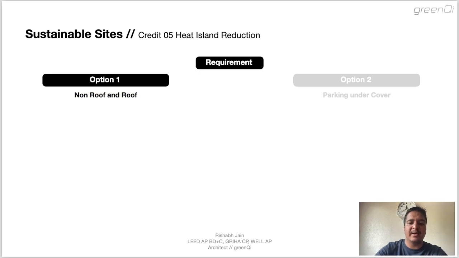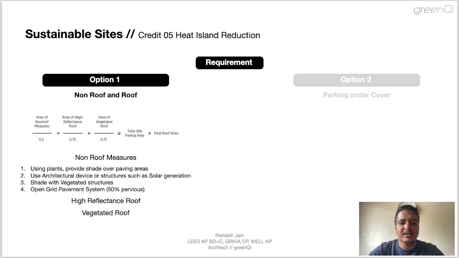Now moving on to the requirement of the credit. There are basically two options to achieve this requirement, but you need not remember this for the purpose of your exam. None of these formulas are going to be tested. They are basically one, non-roof measures, and the other, roof measures.